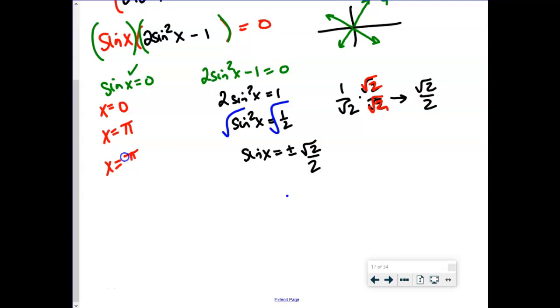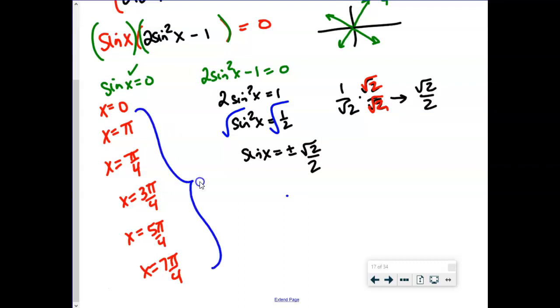X equals pi over 4 and 3 pi over 4 and 5 pi over 4 and 7 pi over 4, all solutions. So I'm going to do the thing I told you you're not supposed to do. All of those plus 2 pi n.